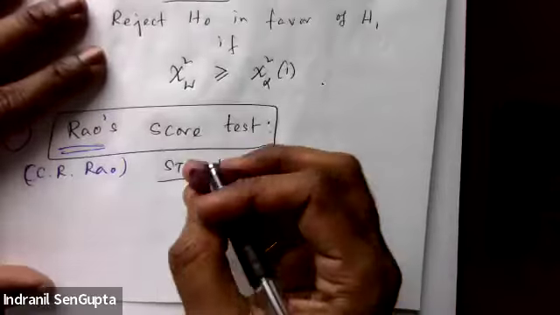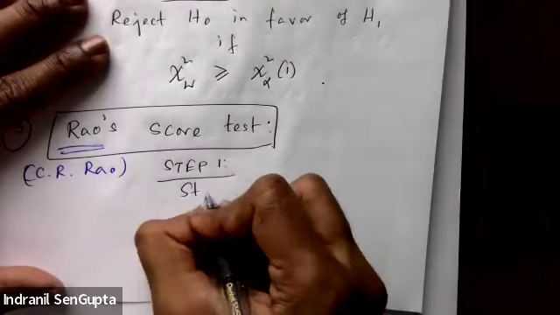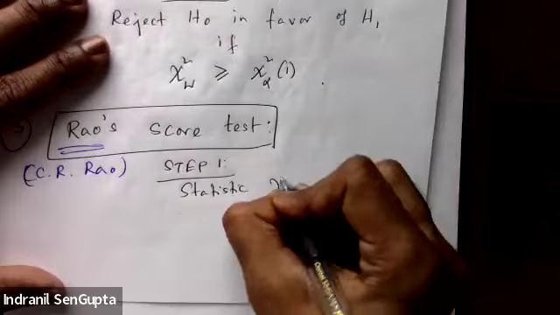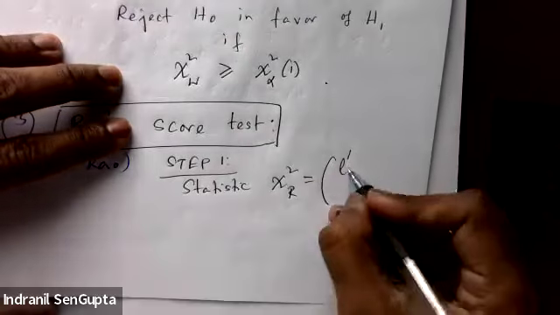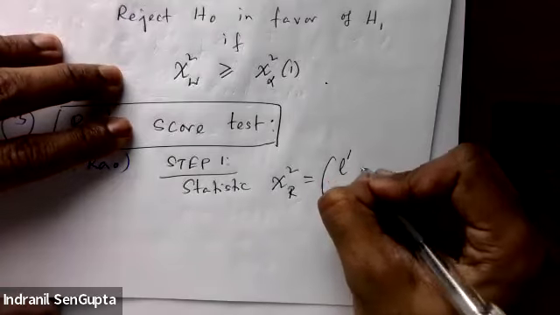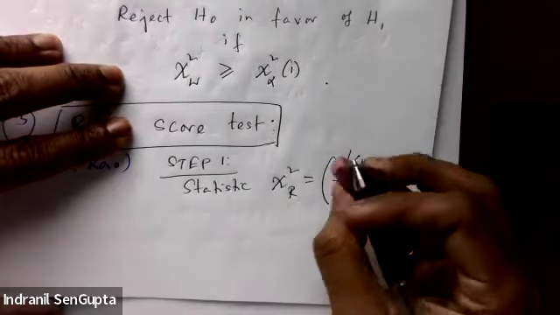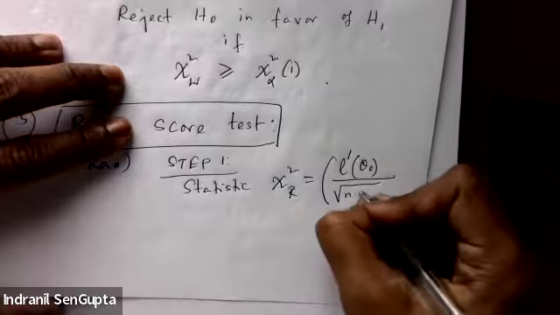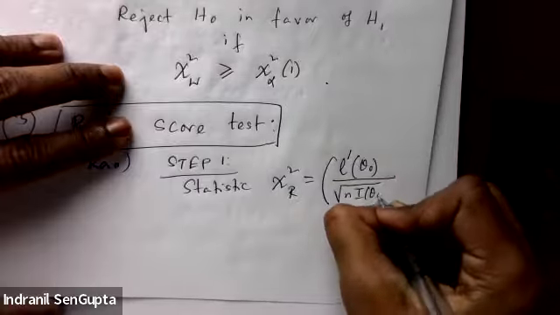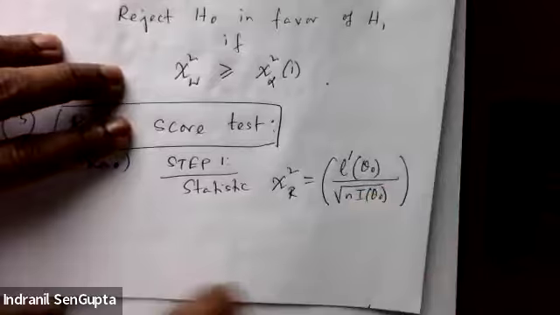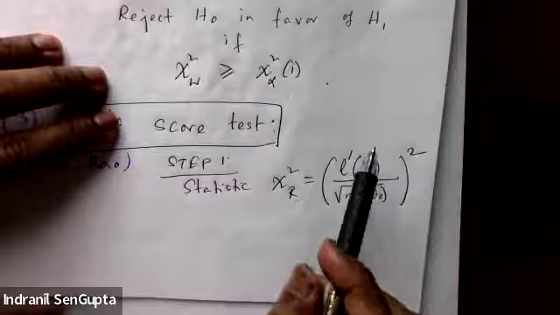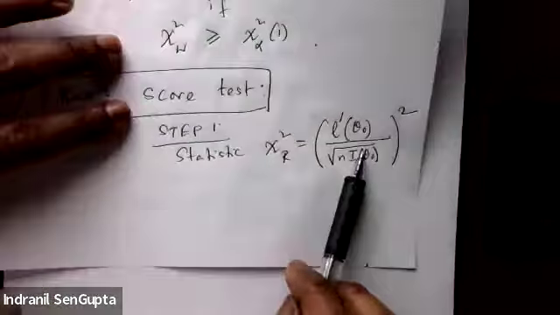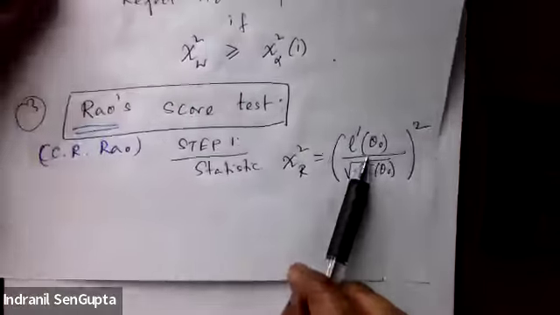Here the statistic you consider is chi squared R, which is given by the first derivative of the log likelihood function divided by square root of n I theta 0, and squared. Note that while for the Wald test you need theta hat, for Rao's test you don't even need any theta hat, right?